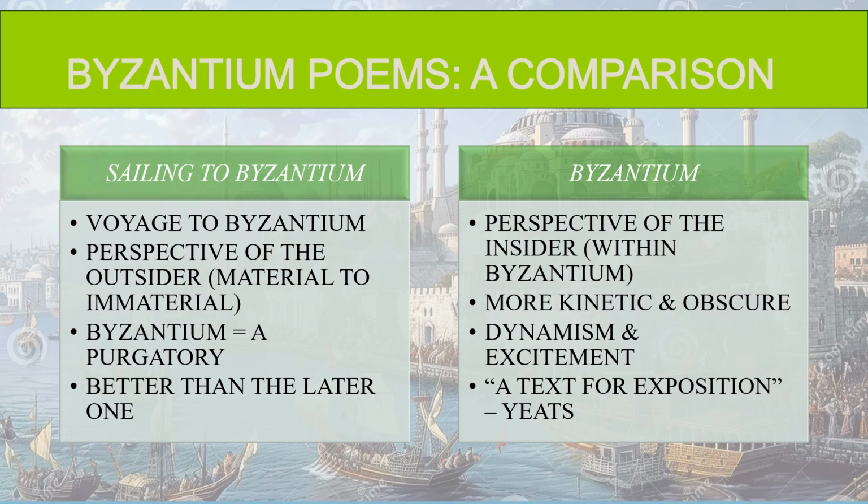Sailing to Byzantium is a better poem than Byzantium, because in Byzantium, despite its dynamism and excitements, it is more like what Yeats called a text for exposition. It should be grouped with the other poems which Yeats used for direct expression of the philosophical mythology, which was more elaborately synthesized in A Vision.